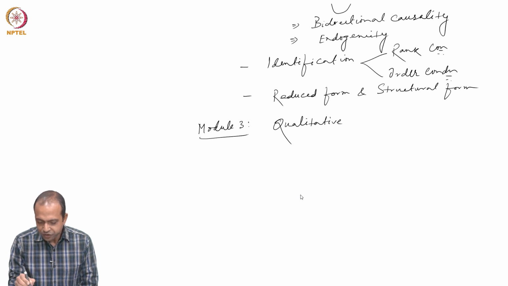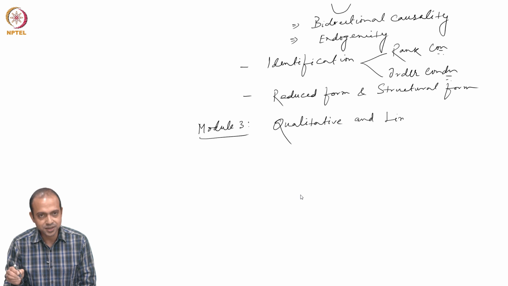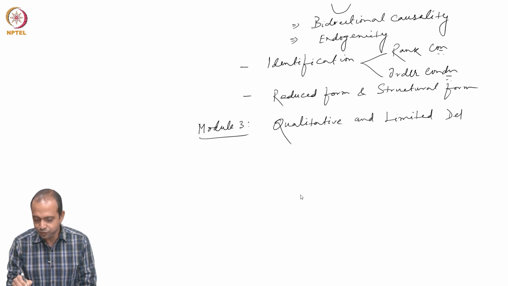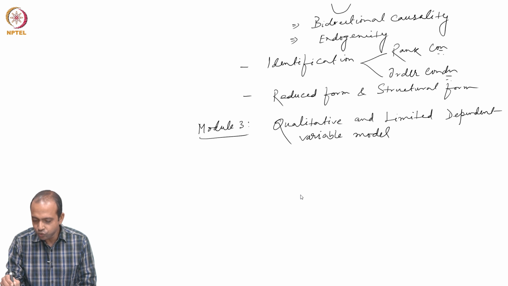In our basic econometrics course, we have discussed y equals alpha plus beta xi plus ui. We discussed cases where this x can be qualitative in nature. For example, we have written it this way, beta, let us say di plus ui, where di is 1 if male, 0 otherwise.